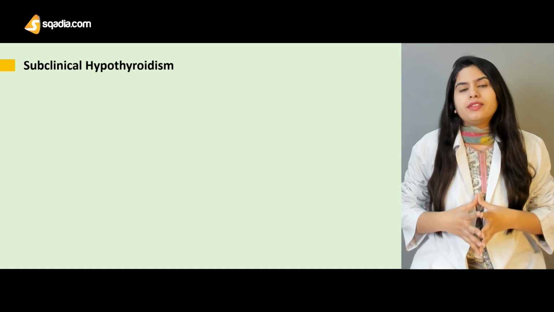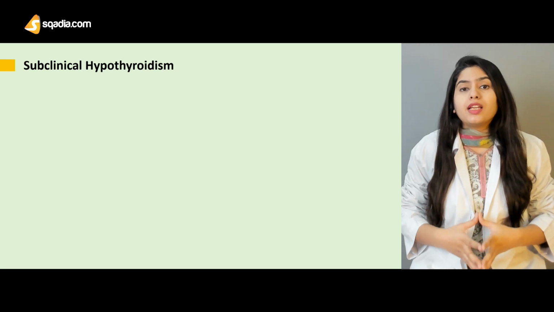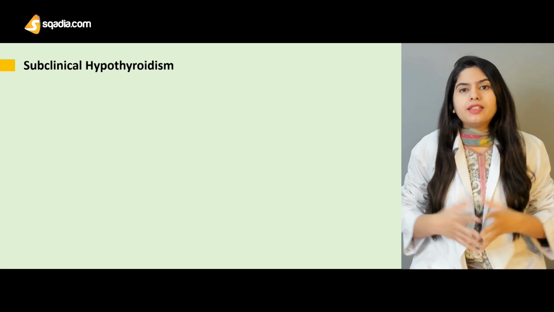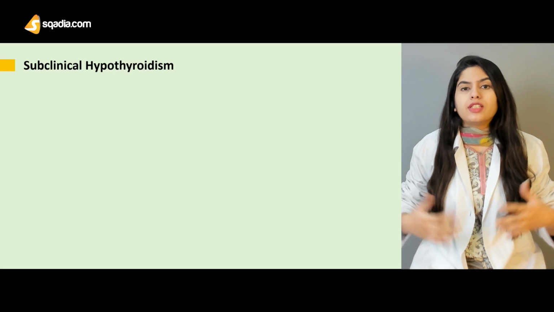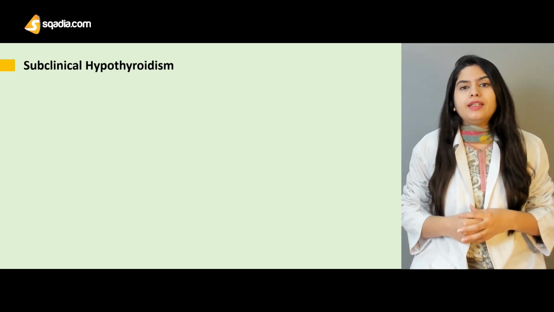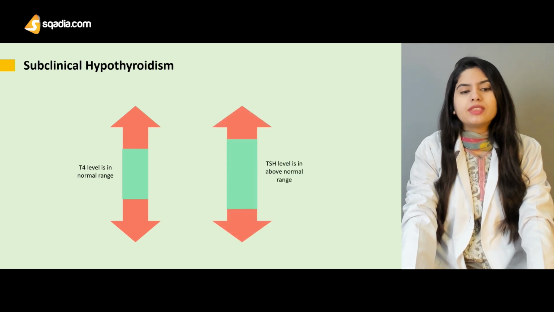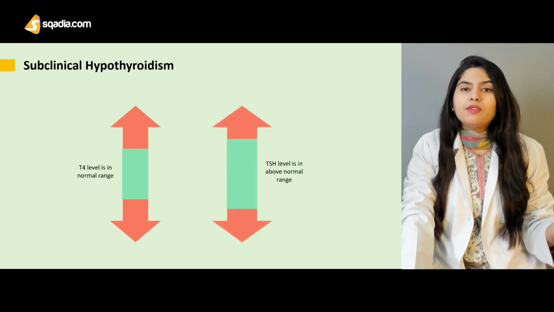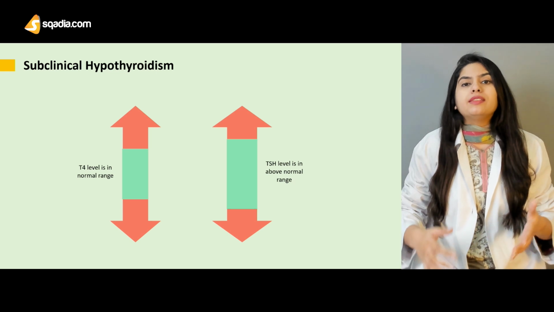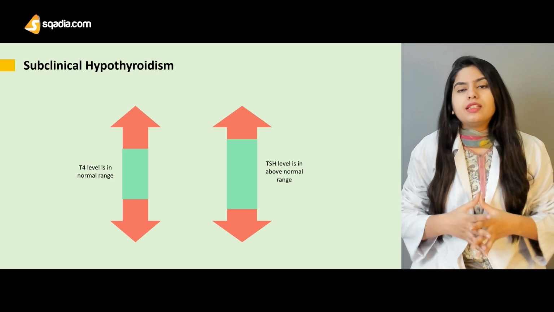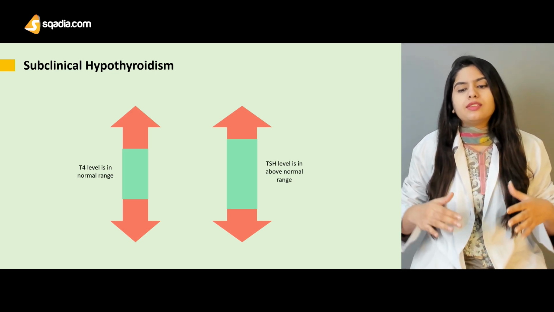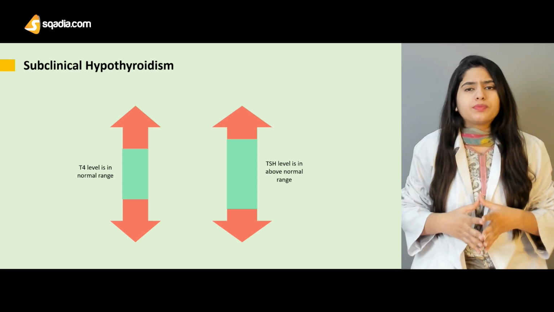Subclinical hypothyroidism, as I told you, is a type of the disease in which there is a normal level of T4 hormone, but an increase in the TSH hormone level above the normal range.